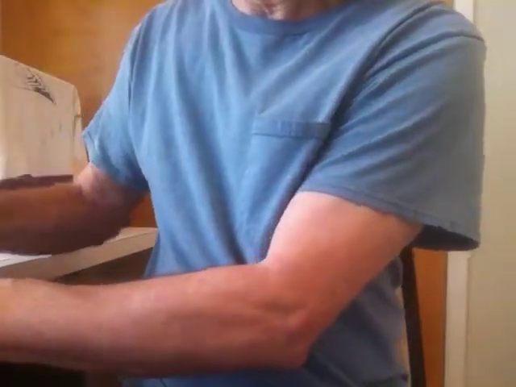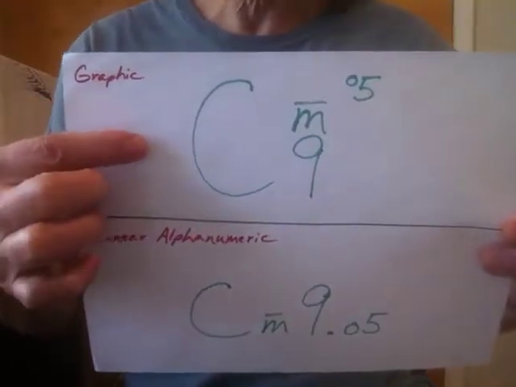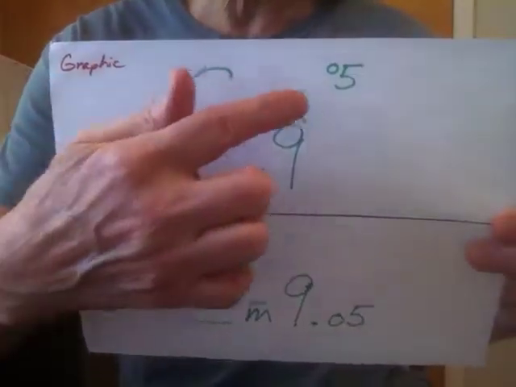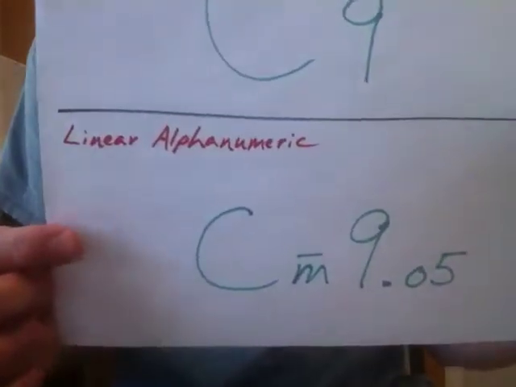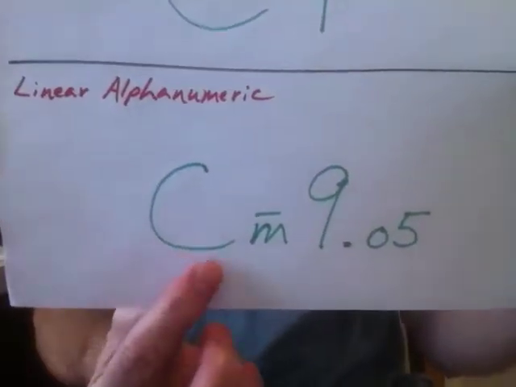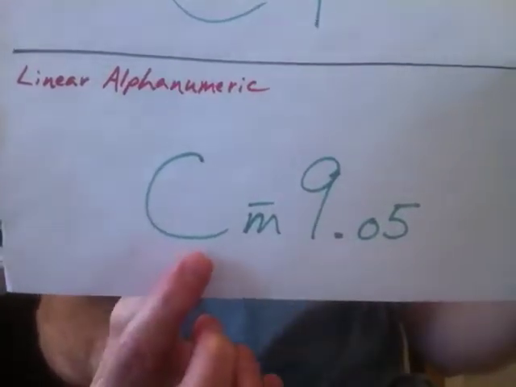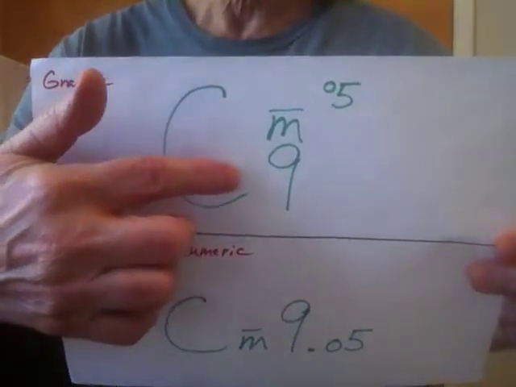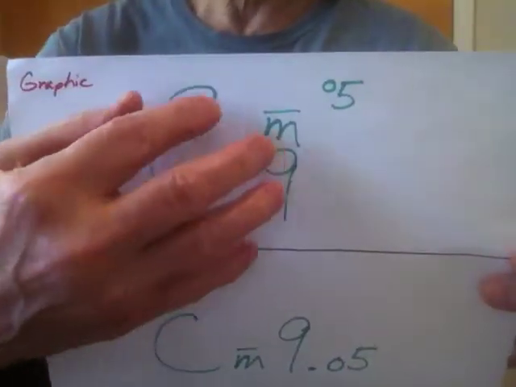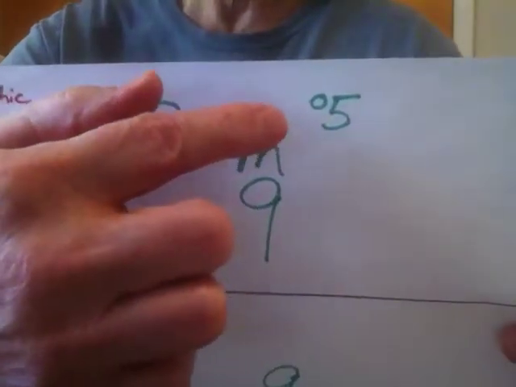Then if we look at another sample chord, we see the graphic version. That's my whole new idea, the graphic representation of a chord. Then you have my linear alphanumeric backup version to notate your chord. So here we have a C minor 9th, and in that bass chord we see that a modification was made.